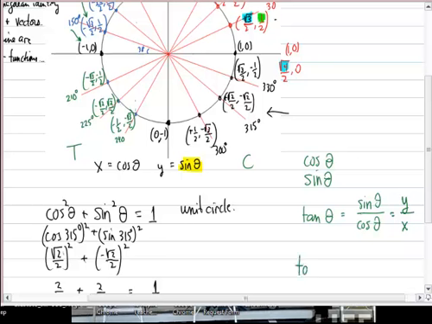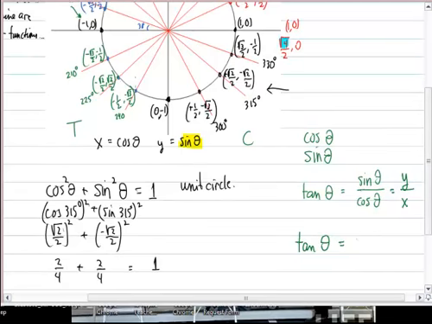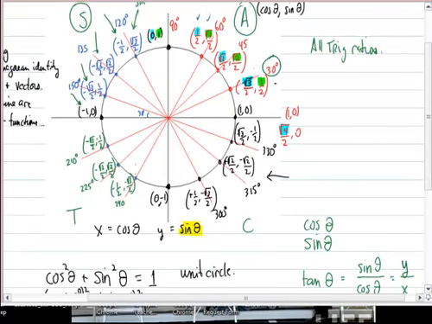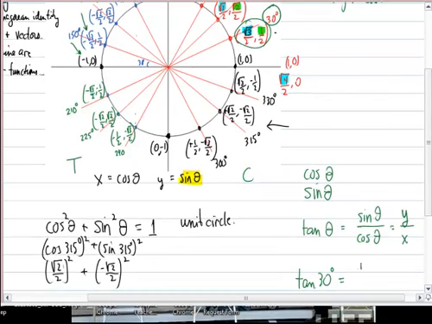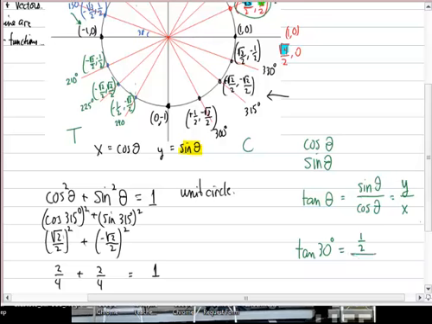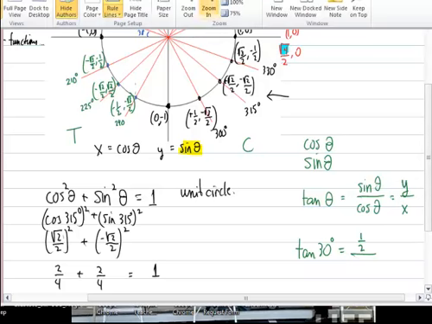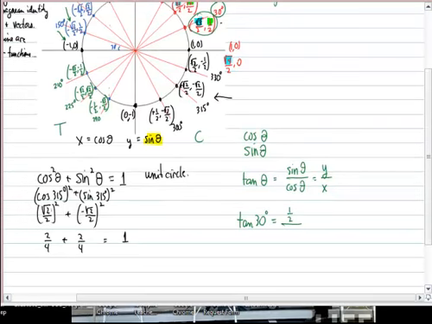So if I asked for the tangent of 30 degrees, I would go to 30 degrees and look at the y value, which is 1/2, divided by the x value, which is root 3 over 2, and you would end up getting 1 over root 3, or rationalized, root 3 over 3.